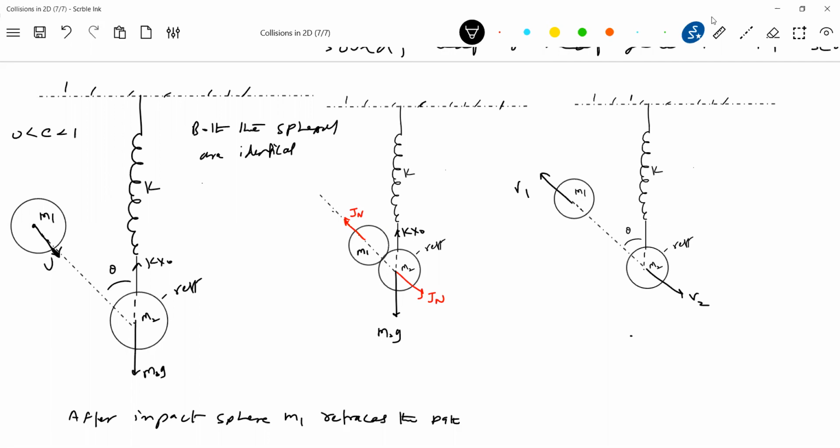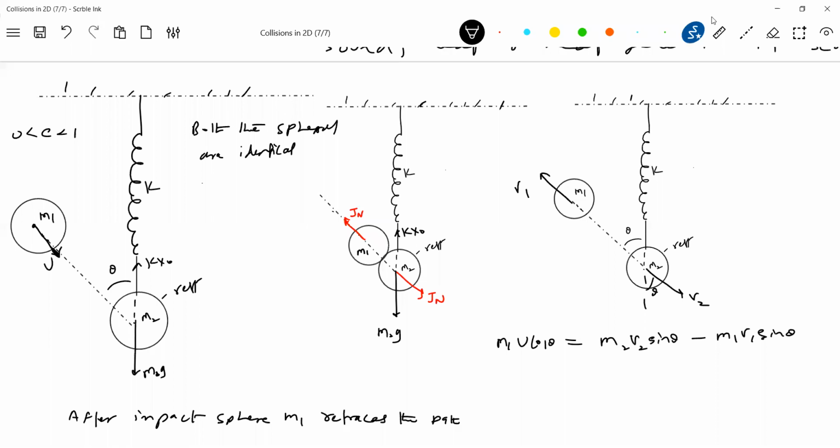Can I apply conservation of linear momentum along x-axis? Yes, we can apply it. So as usual, m1 u cos theta should be equal to m2 v2 sin theta minus m1 v1 sin theta. That's one equation along x-axis.